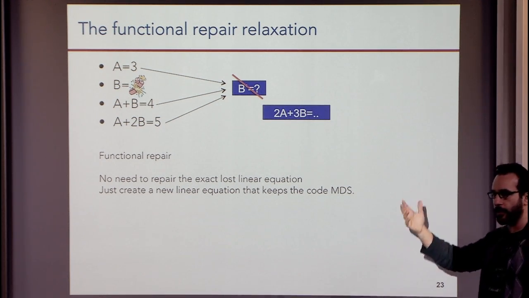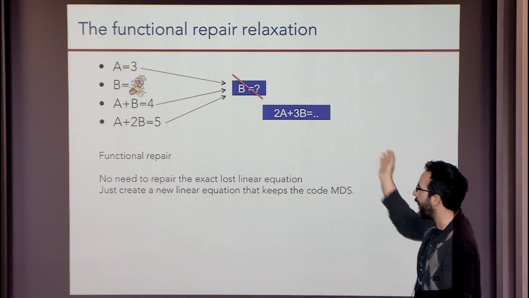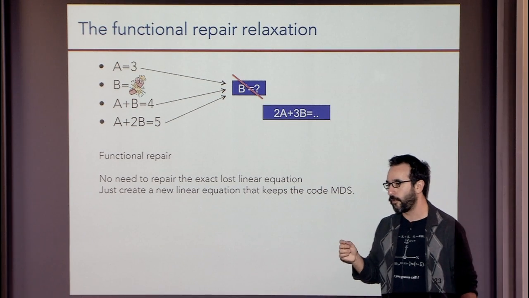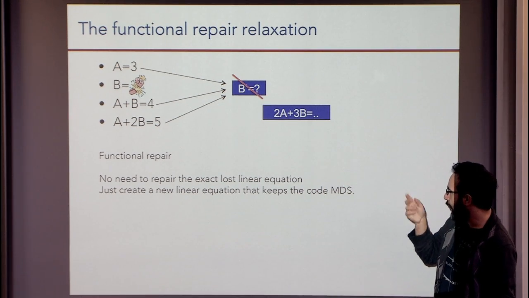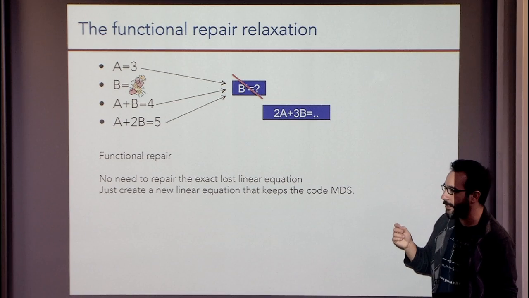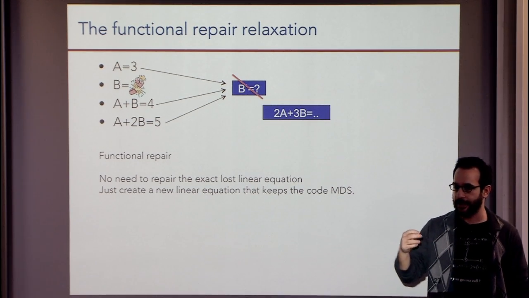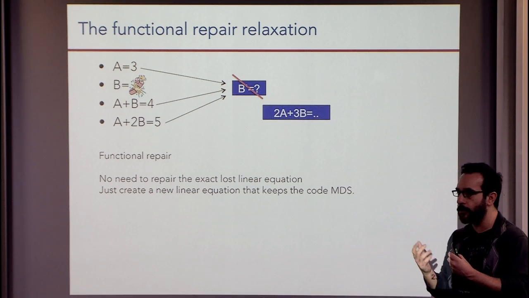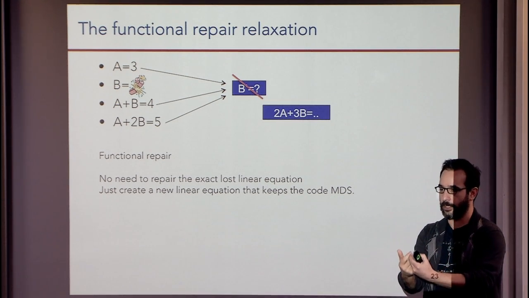So you change the code, but it's still MDS, which means that any 2 out of these new 4 equations are full rank. If you could do that, that is called functional repair. And it's an easier problem than exact repair. The question is, what is the minimum amount of communication to do functional repair?